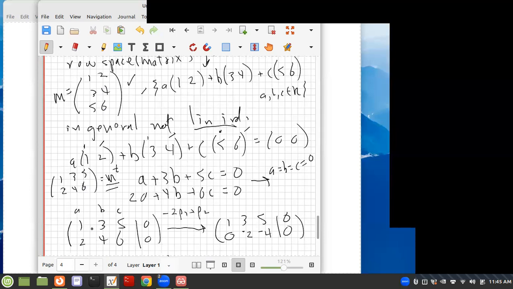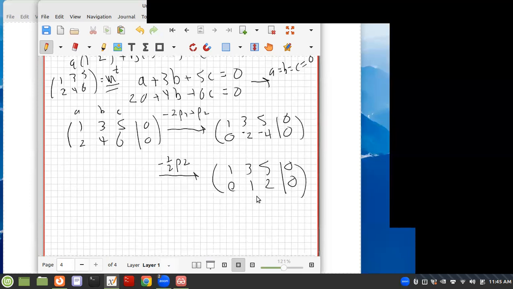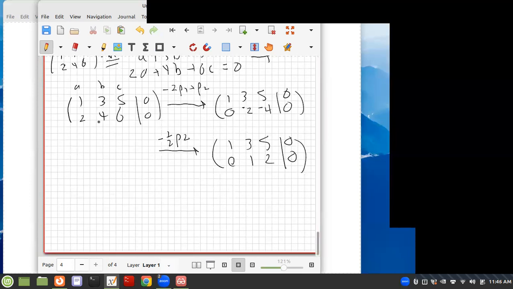I'm going to find the row operations of this one to come down here. And it turns out then that this transpose matrix also has a row space. And when I solve it, I find that this row space, which was originally spanned by 1, 2, 3 and 2, 4, 6, is now spanned by 1, 3, 5 and 0, 1, 2.